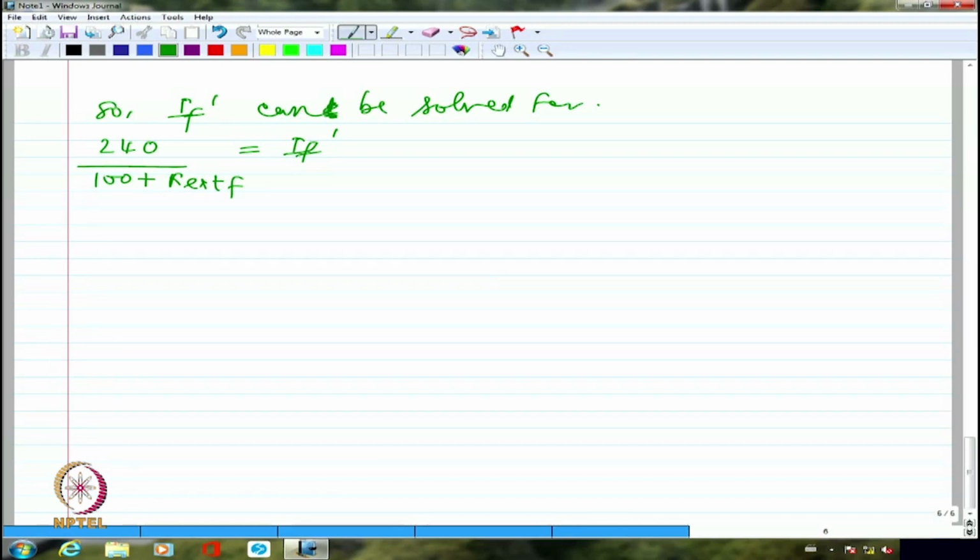So 100 minus IF dash will be your new IA. From that you will calculate the IA-RA drop, and you have got the new value of EB. From the new value of EB, you can always calculate the speed. But the only thing you have to remember is I have to use K times IF dash, not K times IF. Right? So I think the rest of the subdivisions will follow suit.